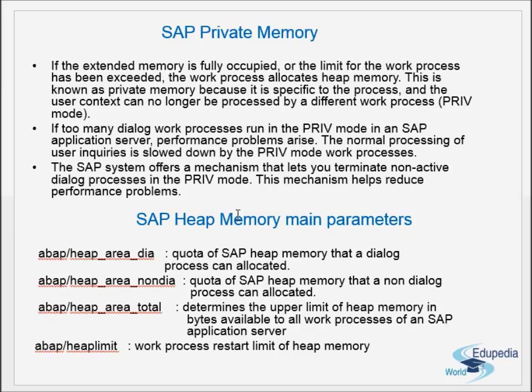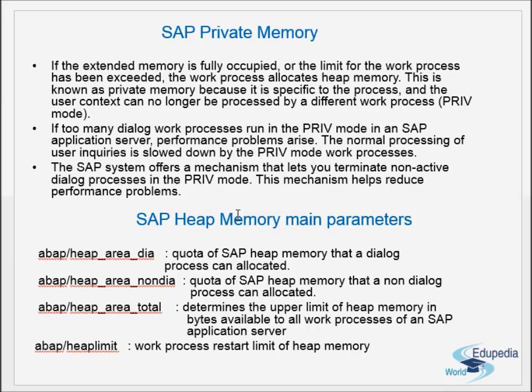New requests can't be attended because the other work processes will not have sufficient memory to process them. So then serious system performance problems arise. The SAP system offers a mechanism that lets you terminate non-active dialog processes in priv mode.